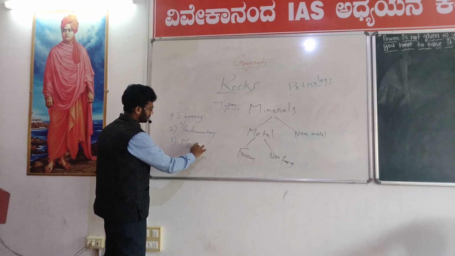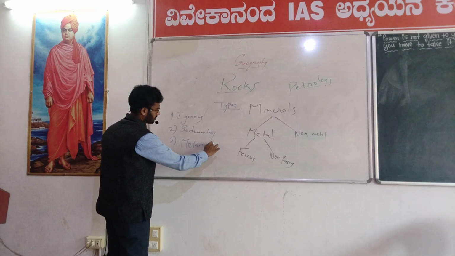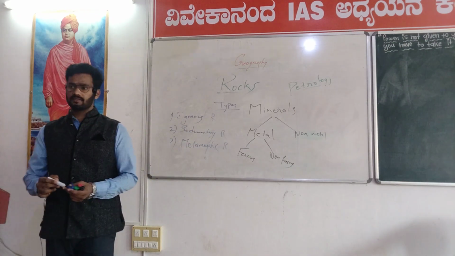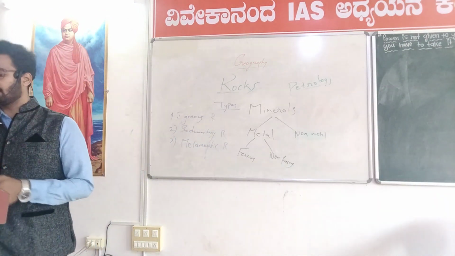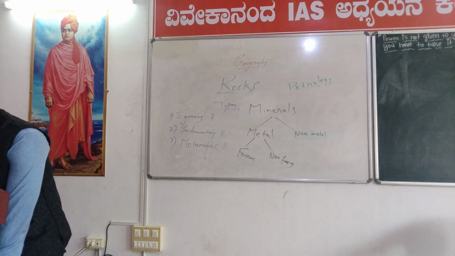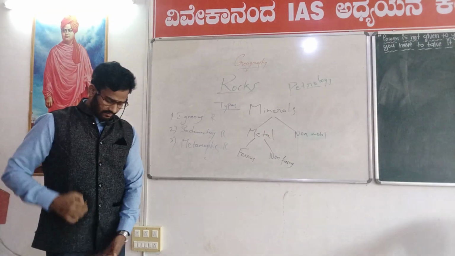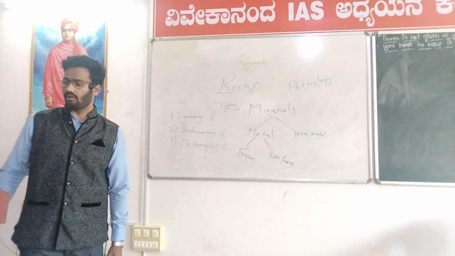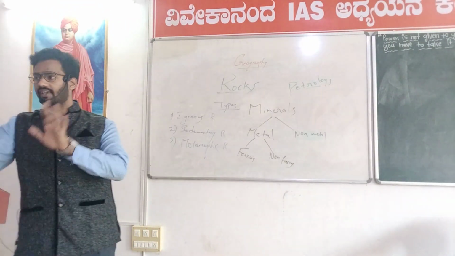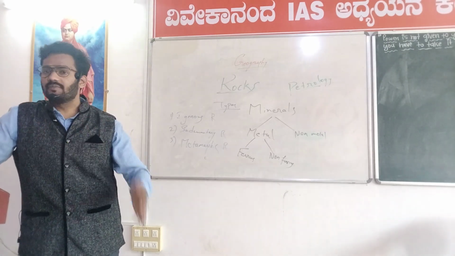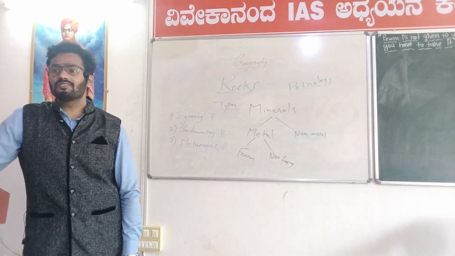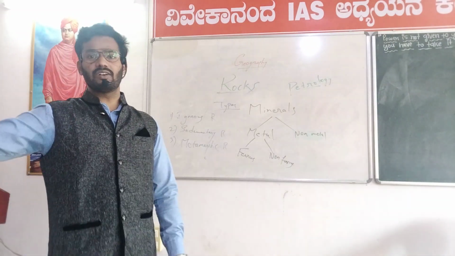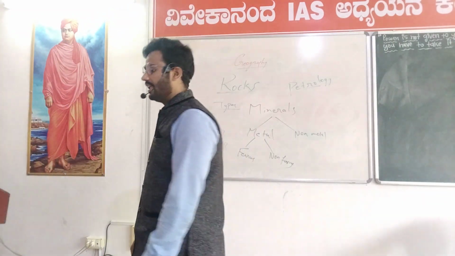What are igneous rocks? Yesterday while discussing volcano I told you. Igne means fire. Igneous rocks means the rocks which are formed because of fire, that means because of volcano. The rocks formed because of volcano are called igneous rocks.